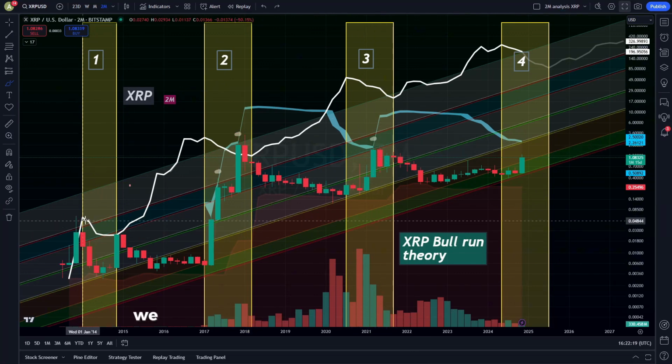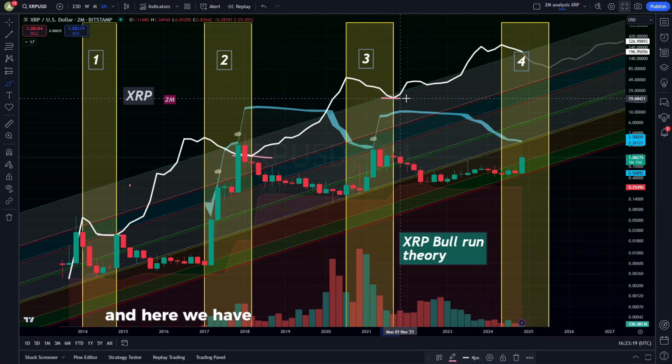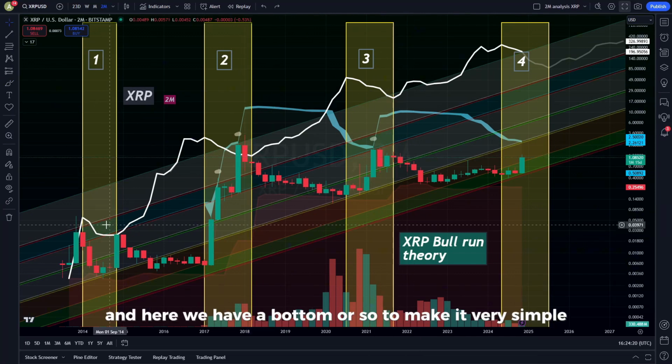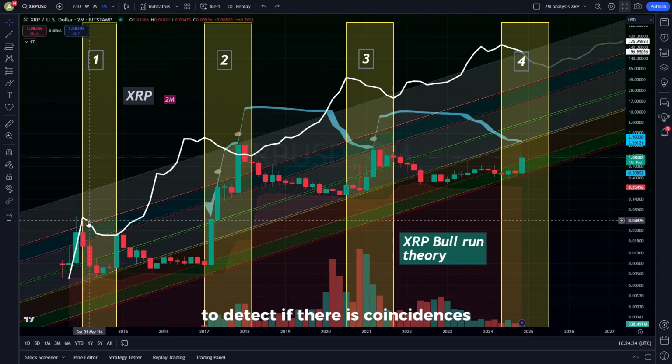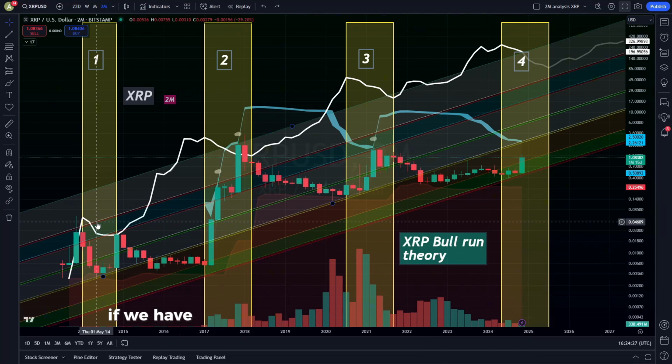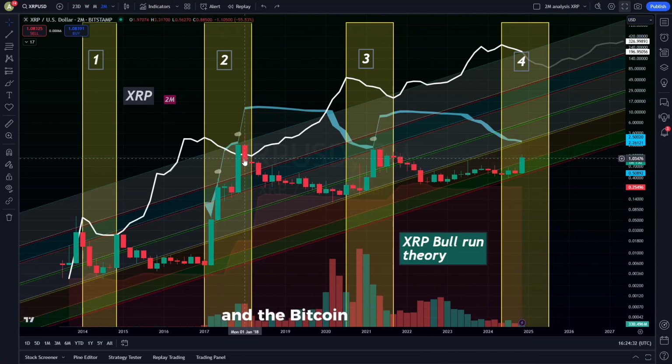This way we can compare the tops that we had for Bitcoin and the tops that we have for XRP. And at the same time, we can check the bottoms of Bitcoin, because here it was a bottom, here also it was a bottom, and here we have a bottom also. So to make it very simple, I just use an overlay of Bitcoin to detect if there are coincidences, to see if we have confluence points between the XRP price chart and the Bitcoin price chart.